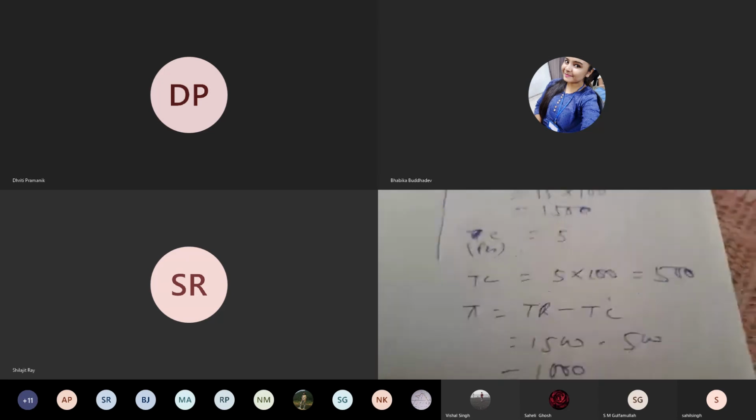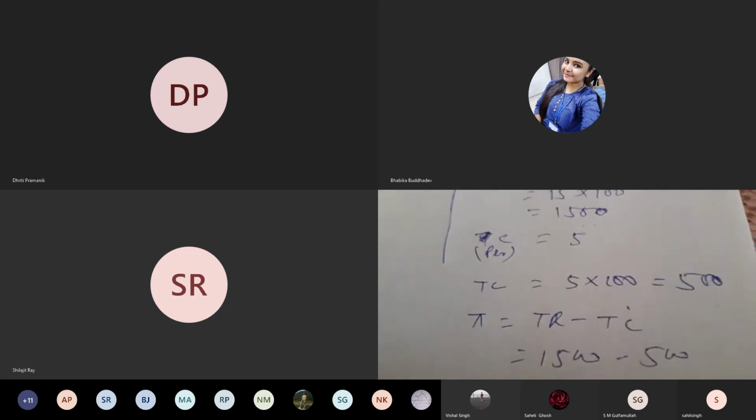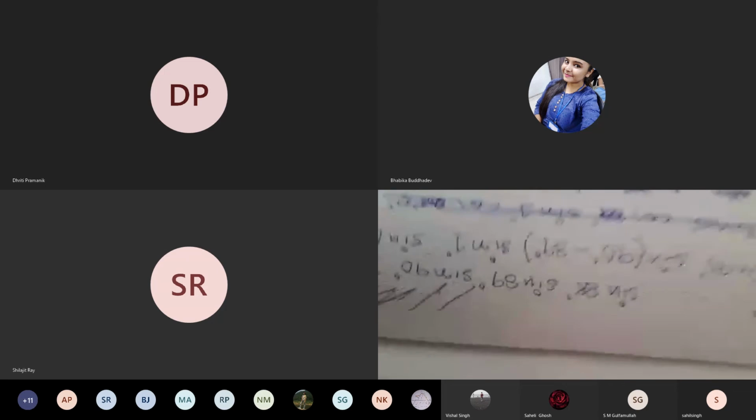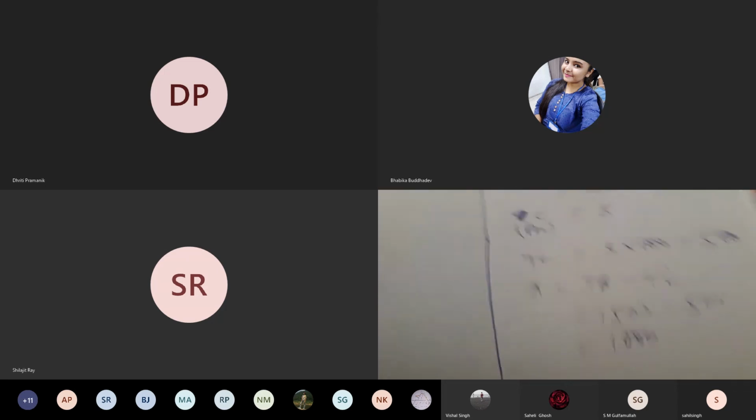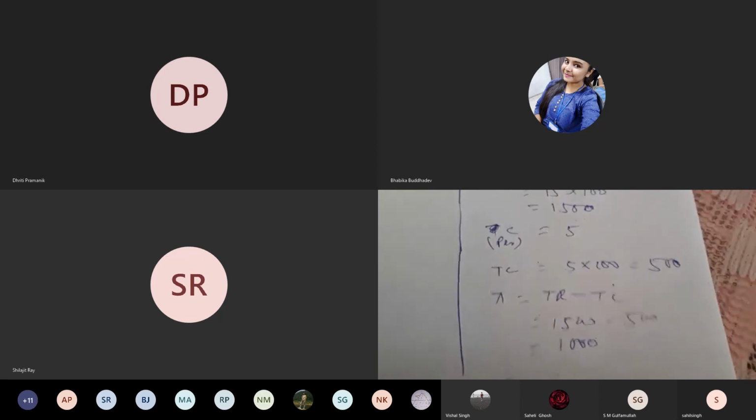Now see, to know the maximization level of profit, I said there are two conditions. What are those two conditions? The first order condition requires the derivative to be equal to 0, and the second order condition requires it to be less than 0 for maximization of a function.